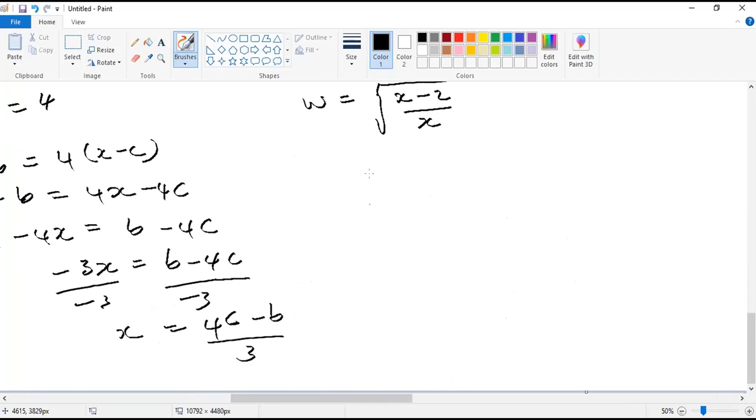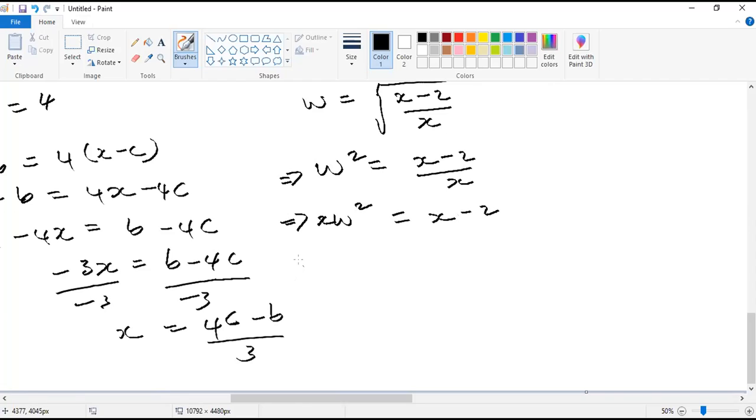So now we square both sides, and then we're going to multiply both sides by x. So I don't really need to put that bracket. So I'm going to just put x squared.